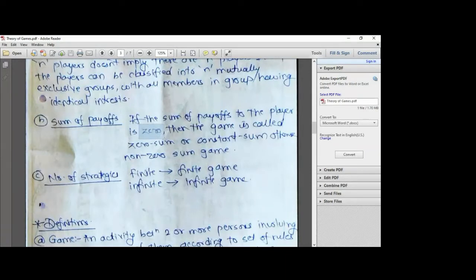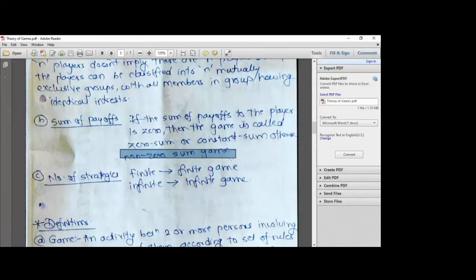For example, a player is earning rupees 4 and the other player is earning -4. So 4 plus -4 is equal to 0. That suggests that the payoff is coming out to be 0, and hence this particular game is called a zero-sum or constant-sum game. If it is not happening, then it is called a non-zero-sum game.